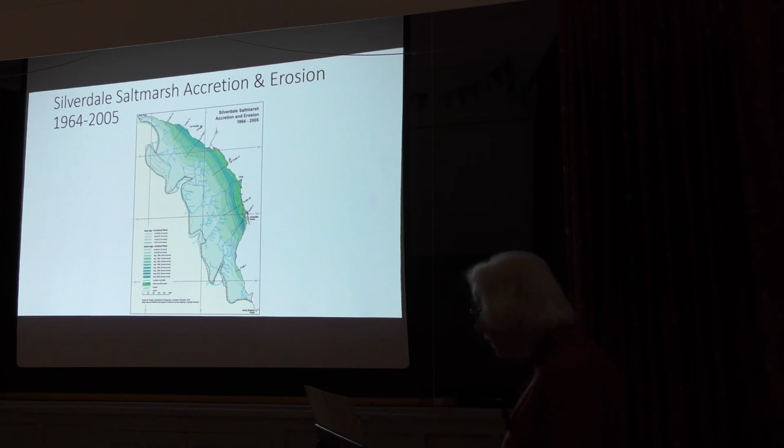And I measured the erosion of the marsh from the end of each of these profiles monthly. And I did this, in fact, right through until 2010, which was quite an undertaking, really, but my days at Silverdale were so enjoyable, it was something I couldn't really let go.